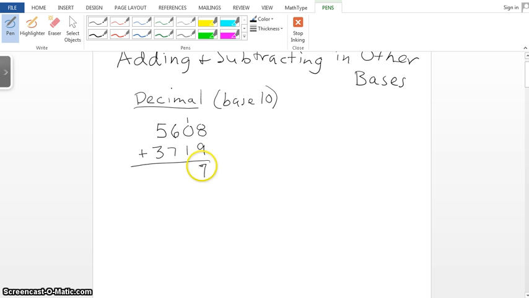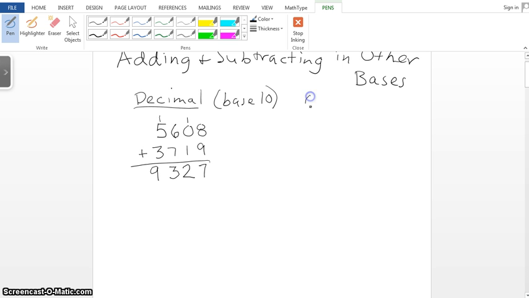That was 17, so you put the 7 down there and the 1 up here. 1 plus 1 is 2. 6 plus 7 is 13, which is 3 more than your base, which you carry forward. 1 plus 5 plus 3 is 9. So, 9327. That seemed very elementary, which I'm sure it was, but you're going to have to refer to this when we switch to these other bases.